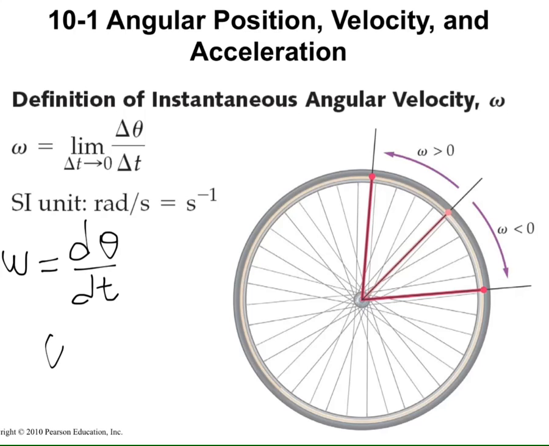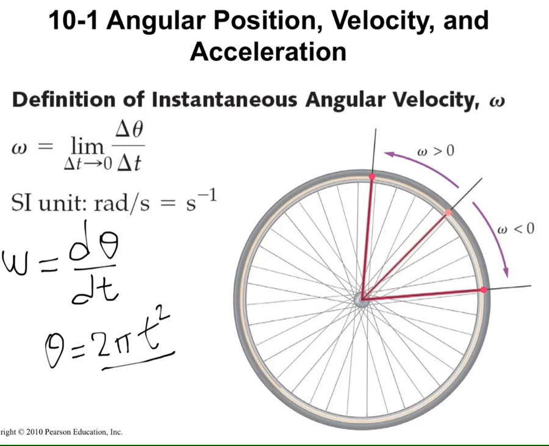If theta changes, let's say, as 2 pi t square, let's think about an object rotating with this angle theta depending on time. What can you say about the angular velocity of this object?